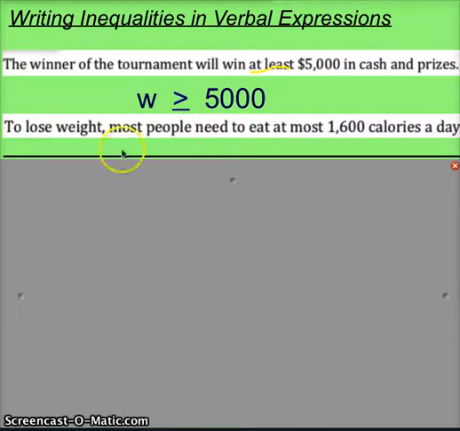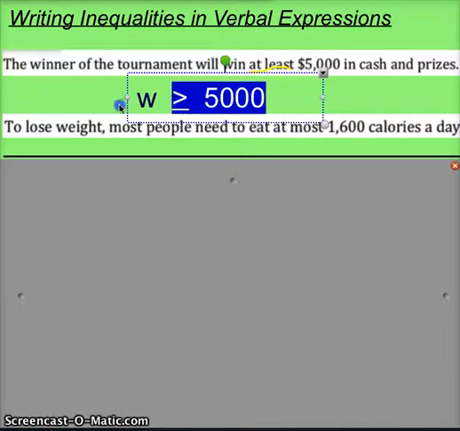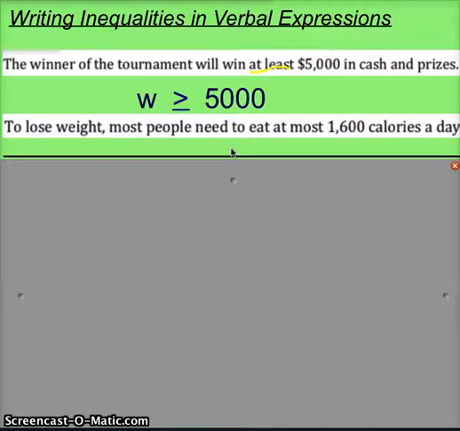Okay? And now to lose weight, most people need to eat at most 1,600 calories a day. So at most, think about what that means to you. Do you want to eat more than 1,600 calories, or do you want to eat less than that?